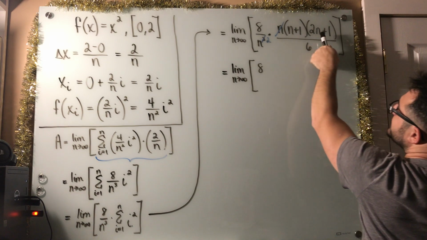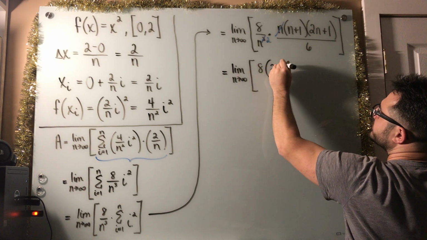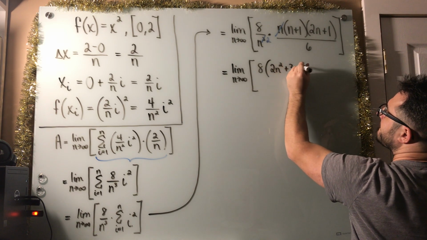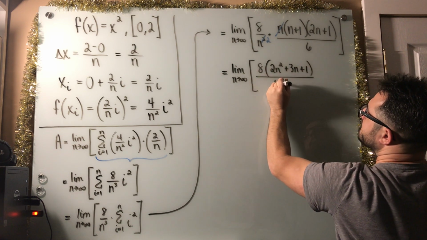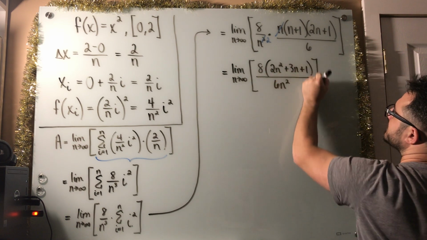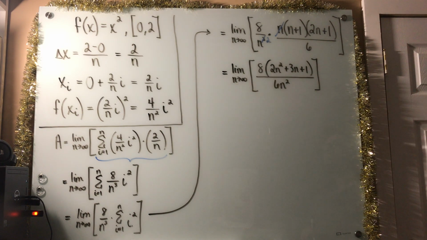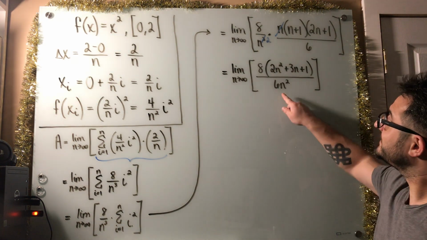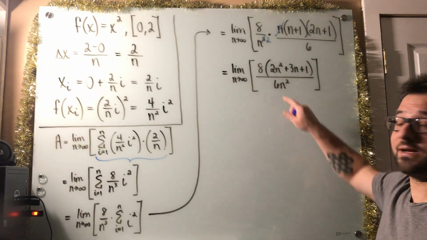So n plus 1 times 2n plus 1. At this point, we should be able to FOIL out pretty well, so I'm not going to take the time to go through those steps. We can then distribute the 8 into that as well. But actually, we have a very fortunate thing here. The denominator is monomial. We can also distribute the denominator.